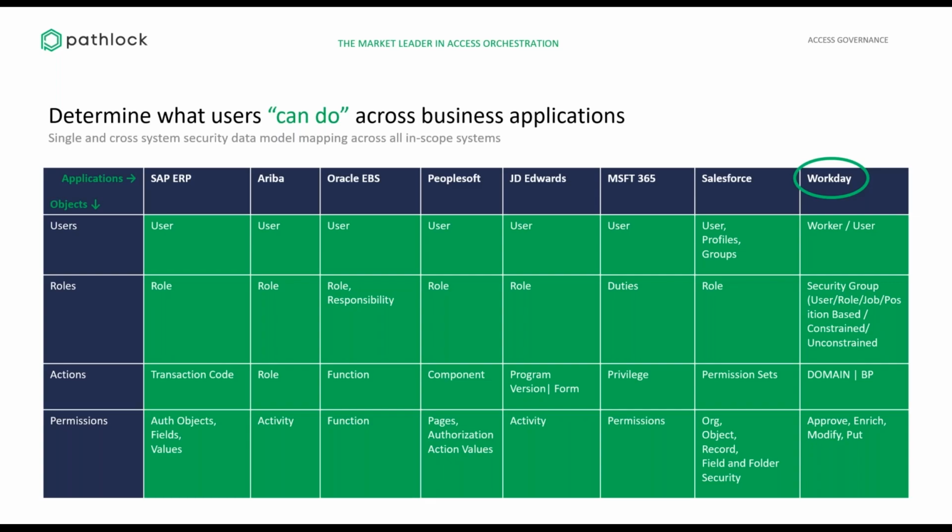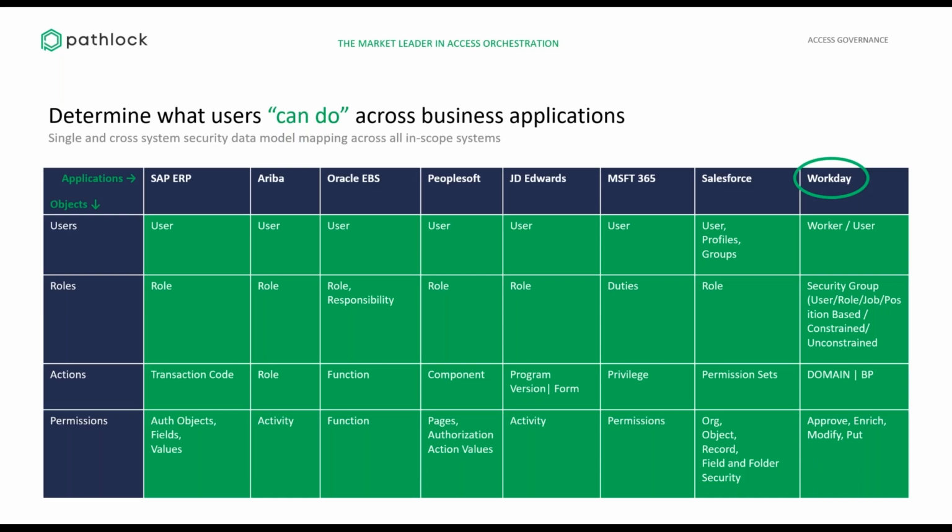Do they truly have the ability to do both of those activities? So with Pathlock, we can provide certainty with fine-grained and accurate results. So it's about being able to understand the access the users have in the different business applications, normalize that, and be able to do a proper, accurate, fine-grained comparison, especially when you talk about doing risk analysis and risk reporting.